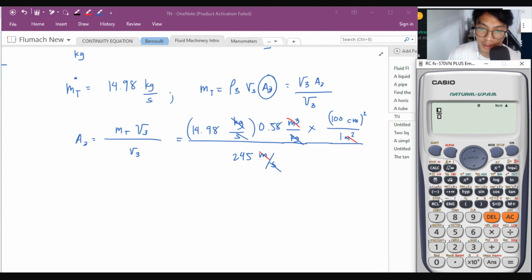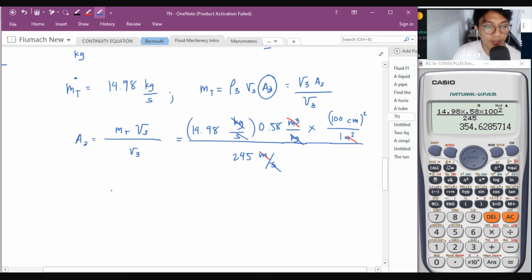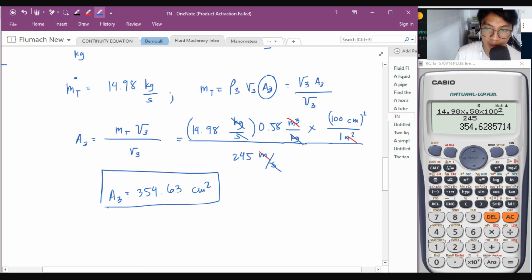So, the area for the exit will be 14.98 times 0.58 times 100 squared divided by 245. The answer is 354.63 cm squared. That is for that problem.